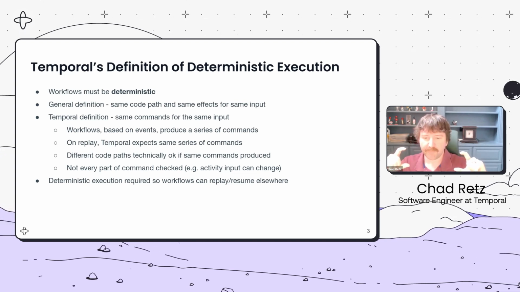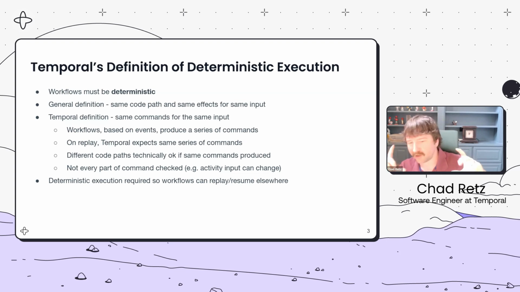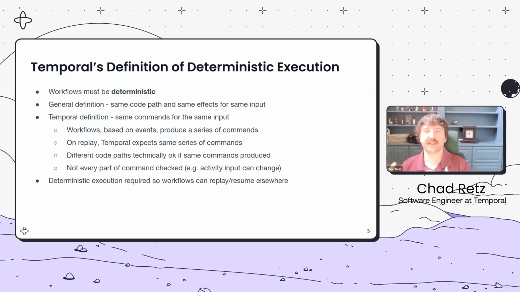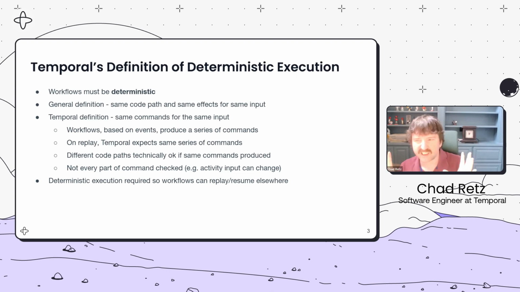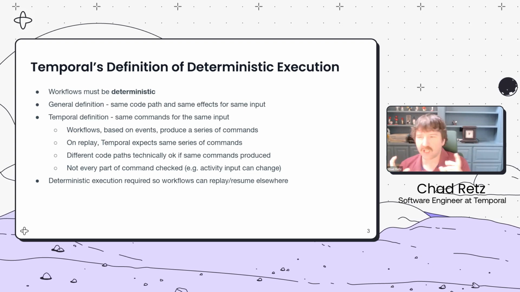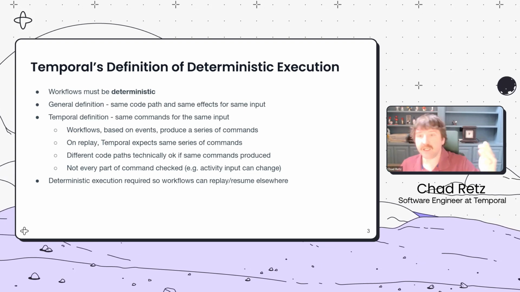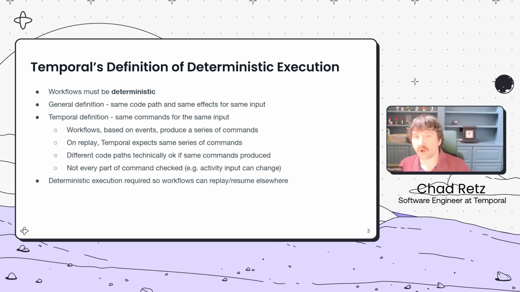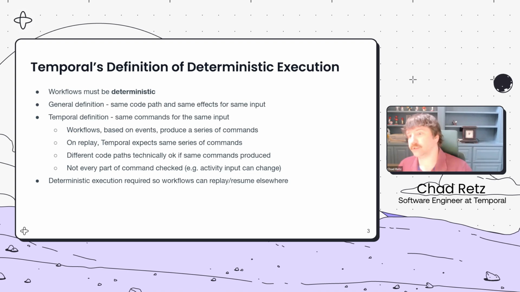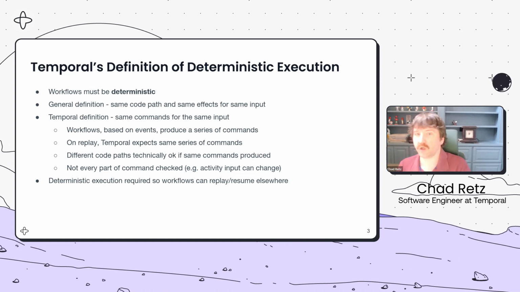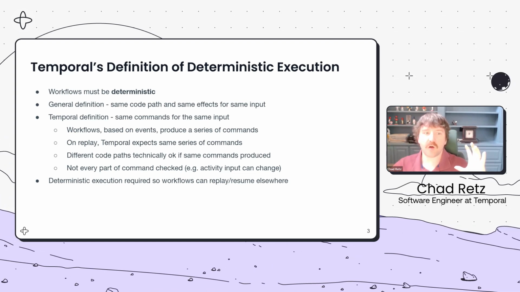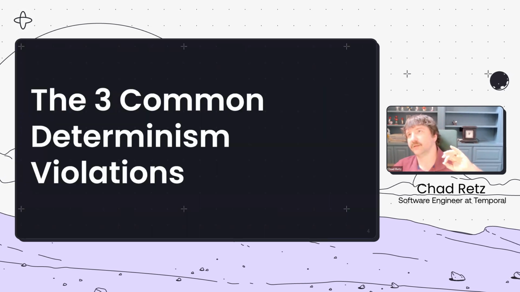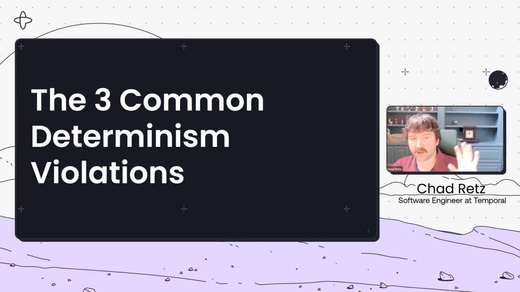If you change a timer or a sleep from 5 seconds to 10 seconds, no problem. We don't check it in that detail, or like some of the activity input. But if you add a timer or change the entire activity that's being called, that is a non-determinism error, and we will catch it. So what are the ways that these are violated? What are the common ones? Right?